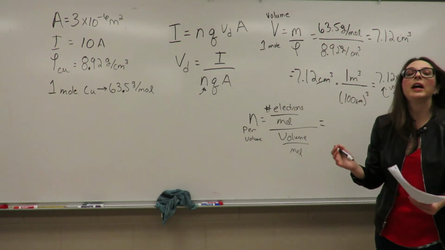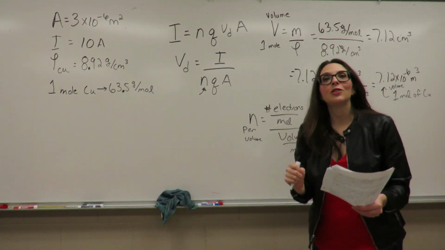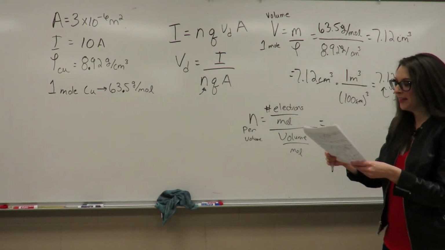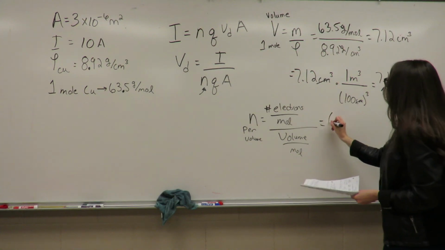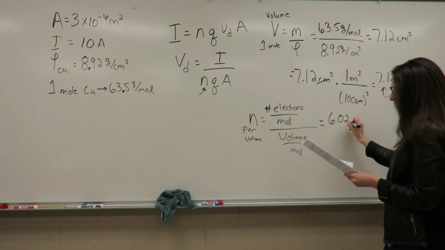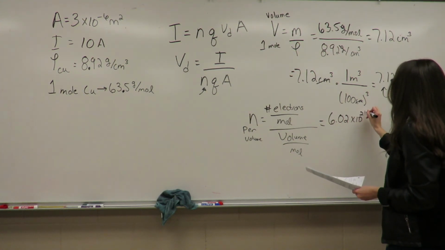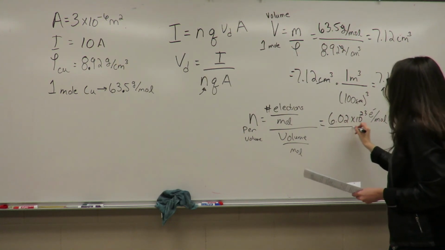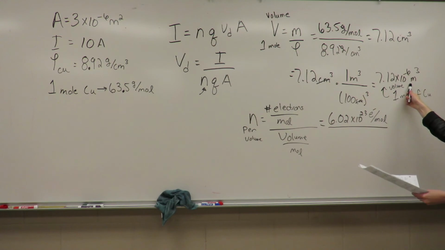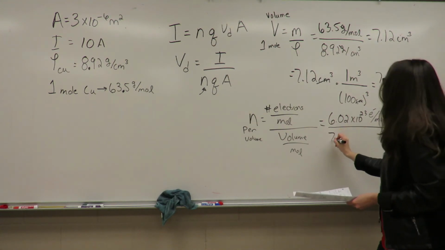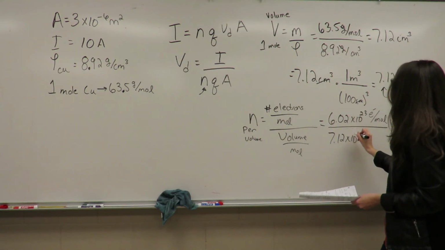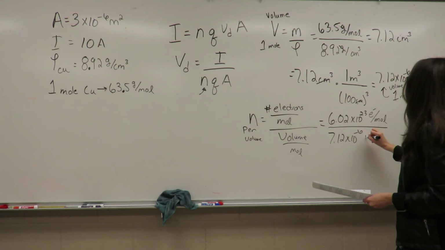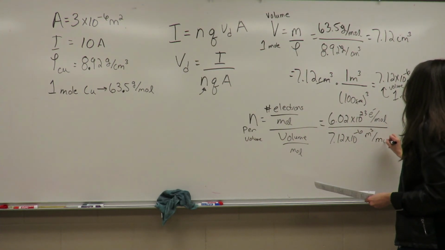So our number of electrons per mole, that's just Avogadro's number, okay? And so that's going to be 6.02 times 10 to the 23 electrons per mole. And I'm going to divide that by this value that we just found right here, 7.12 times 10 to the minus 6 meters cubed per mole.